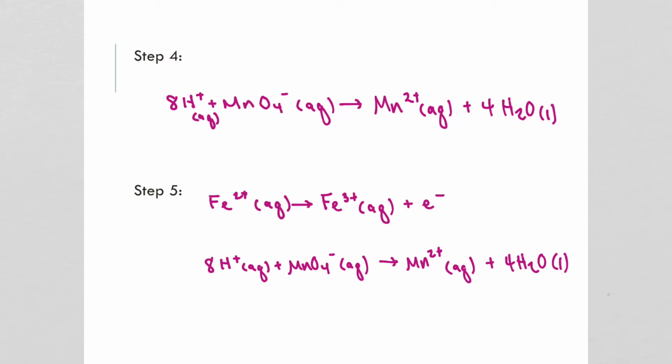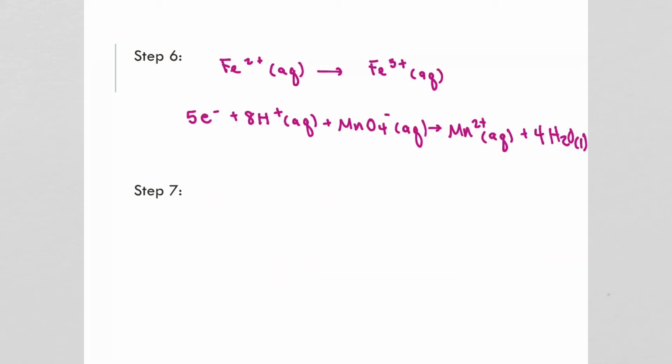Now, if you take a look, we have on one side a +2 charge, and on the other side we have the 8 hydrogen ions that are positive plus 1 negative ion, so we have +7. We need to balance both sides, so we need to add 5 electrons on this side, like so.